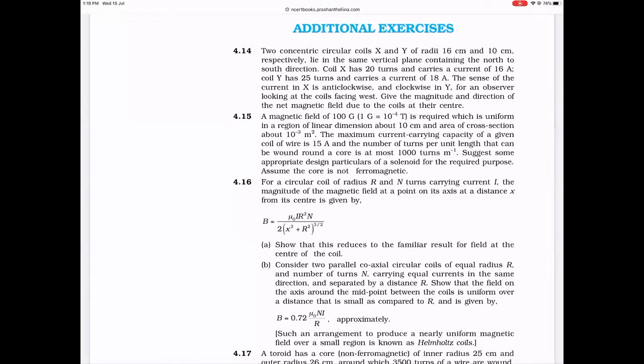I hope you have started working with 4.14. Please work on 4.14.